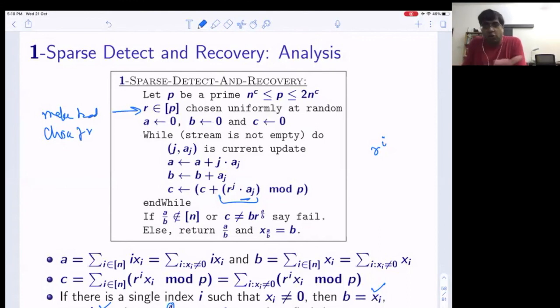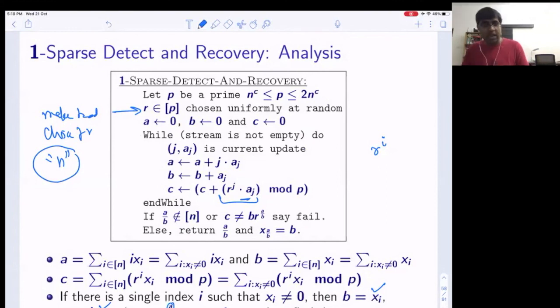But I have told you among all this, how many bad choices of r you have? Well, at most n. And how do I prove this? Using associating a polynomial.